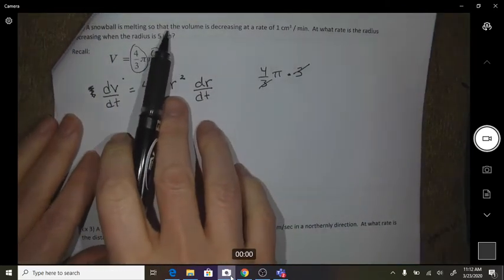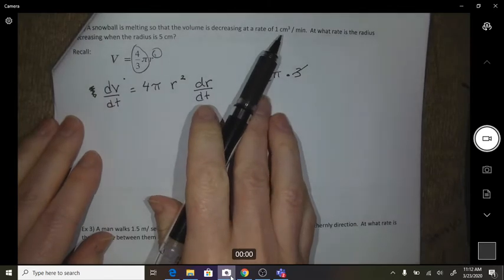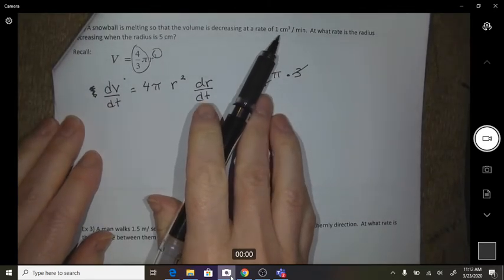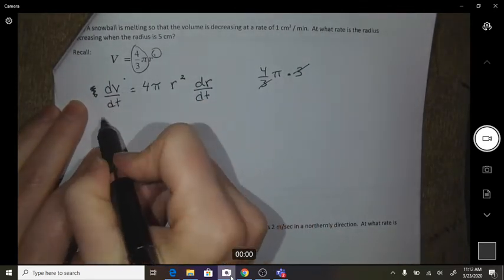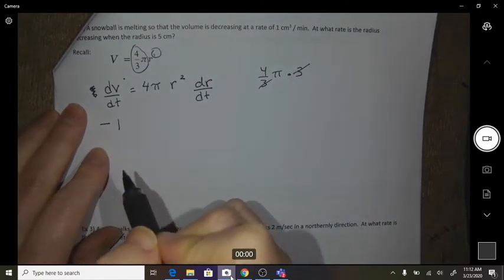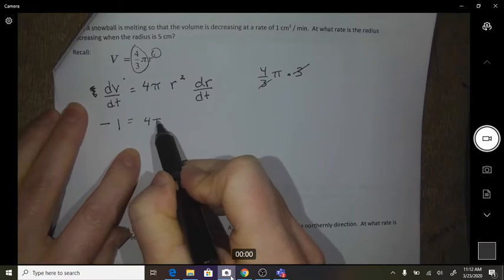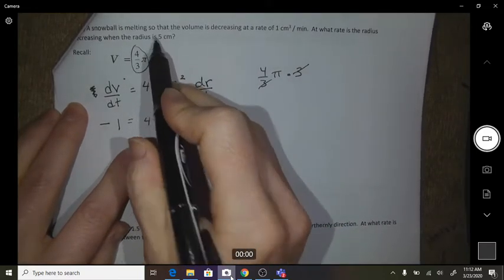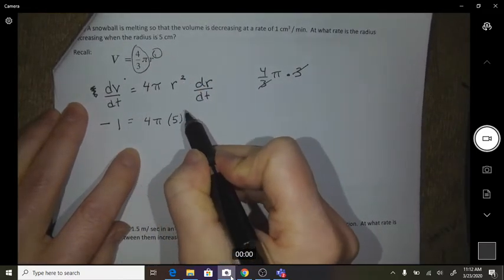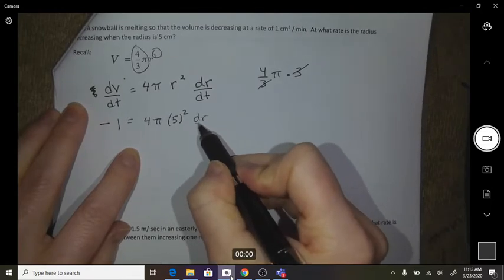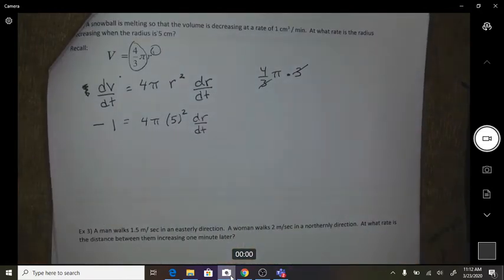Okay, so now we know volume is decreasing, so this is the change in volume with respect to time. I'm going to write a -1 because it's decreasing, and 4 pi when the radius is precisely 5, and what is the change of the radius.